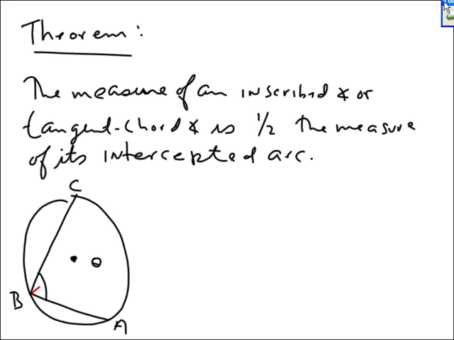Let us draw the following line, and let's call that point B. So basically, I want to show that angle B is 1/2 the measure of arc CA or CDA.